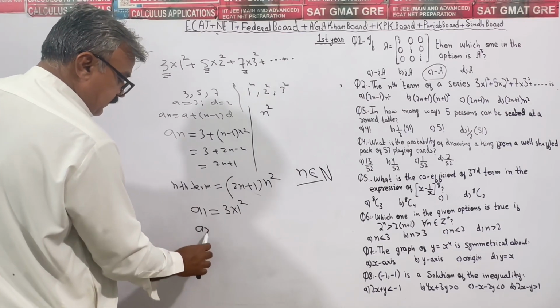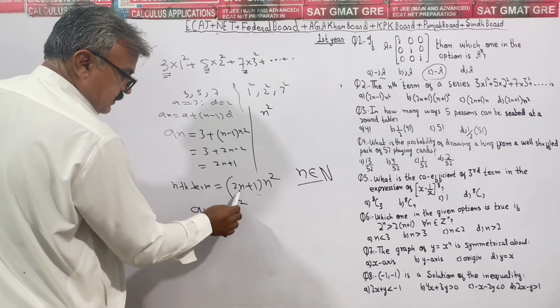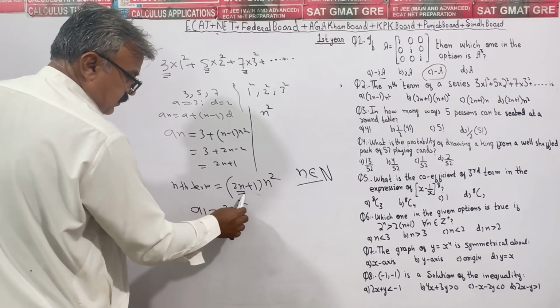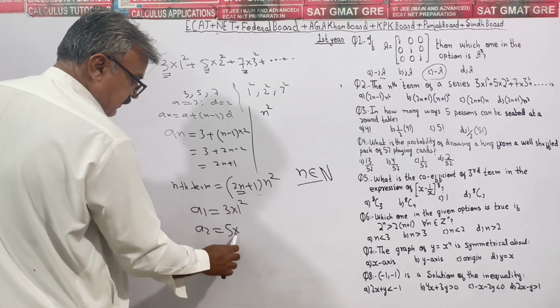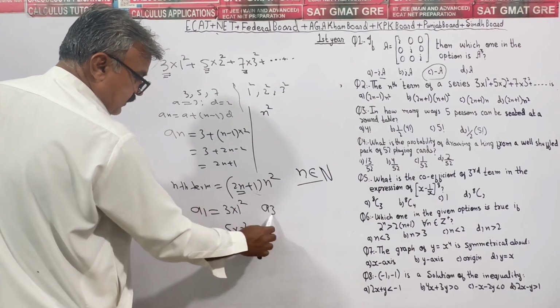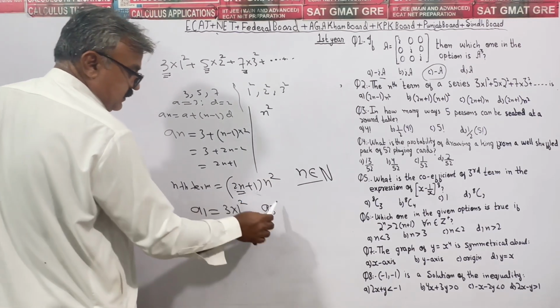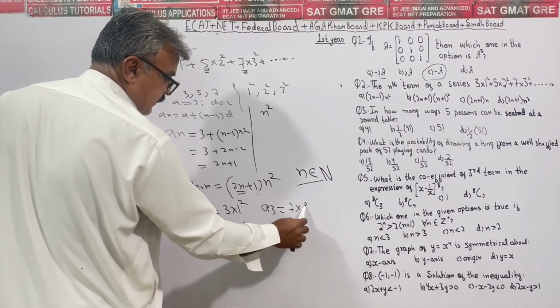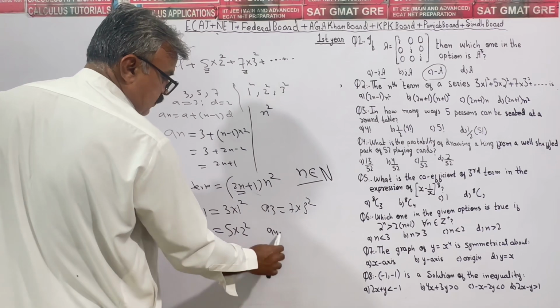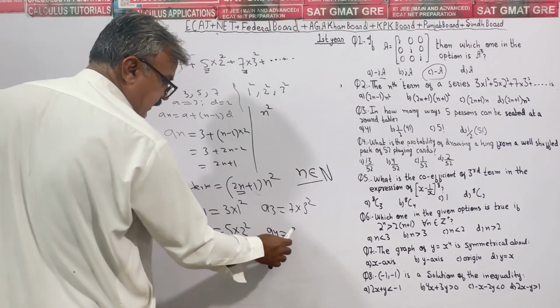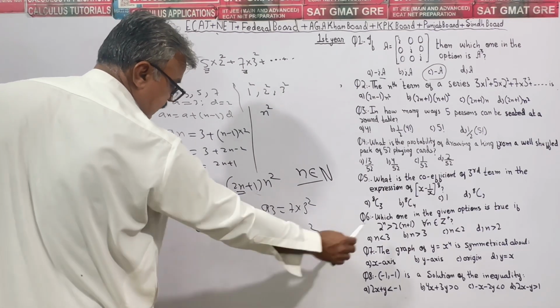Second term: 2 times 2 is 4, plus 1 is 5, 5 times 2 square. Similarly a3: 2 times 3 is 6, plus 1 is 7, and here 3 square, and so on. Fourth term: 2 times 4 is 8, plus 1 is 9, 9 times 4 square, and so on.